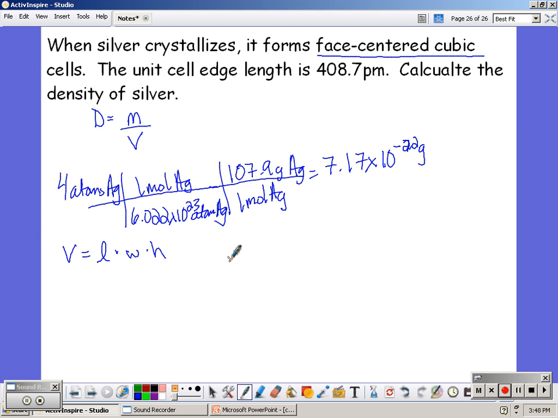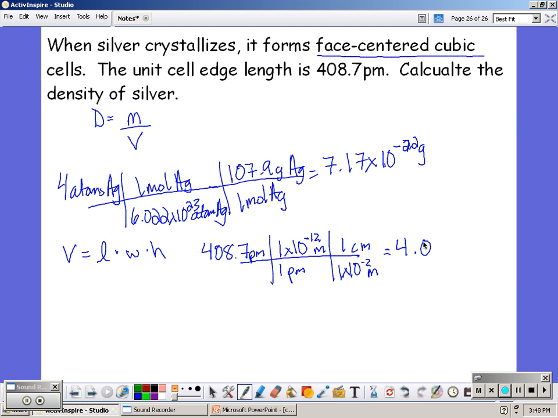So 408.7 picometers, 1 picometer is 1 times 10 to the negative 12th meters, and 1 times 10 to the negative 2nd meters is 1 centimeter. So that would give me 4.087 times 10 to the negative 8 centimeters.